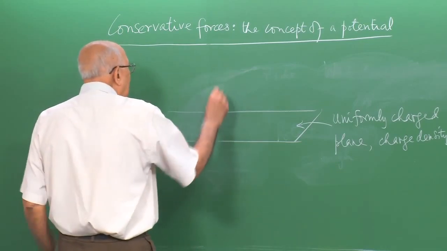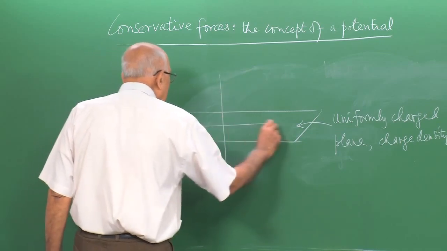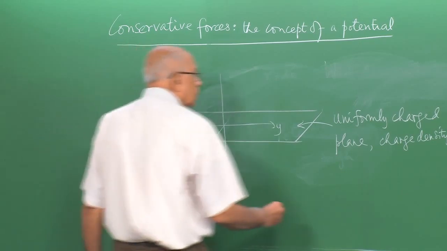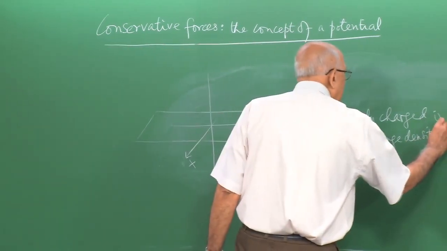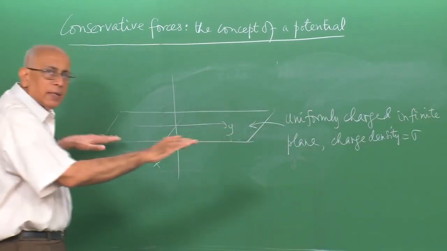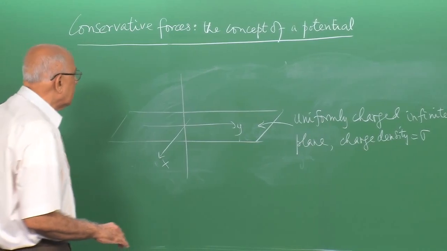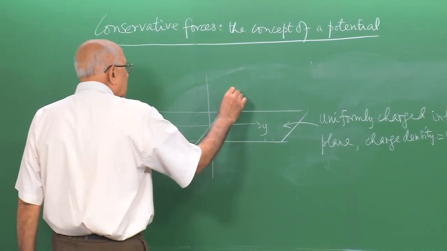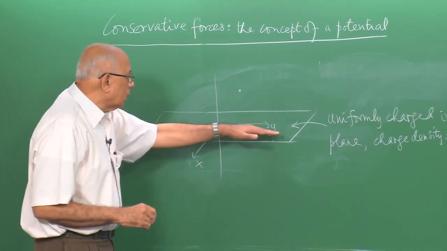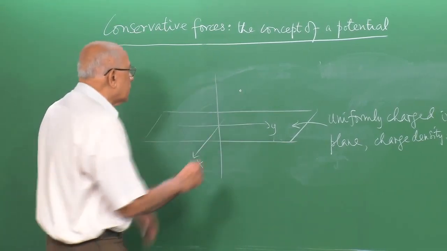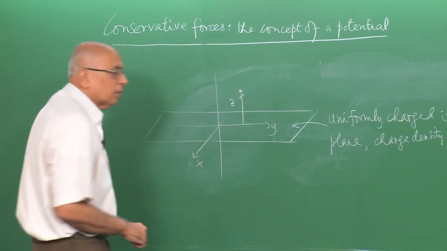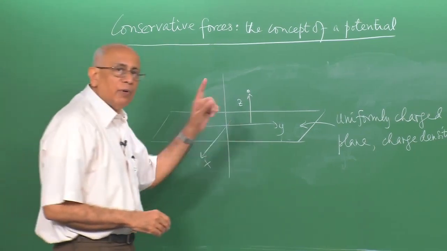Let us draw some coordinate system. That is the xy plane, that's x, that is y, infinite plane. The plane is of infinite extent in the xy directions, and it does not matter where you choose the origin on this plane. At any height z above the plane, we can find out what the electric field looks like.